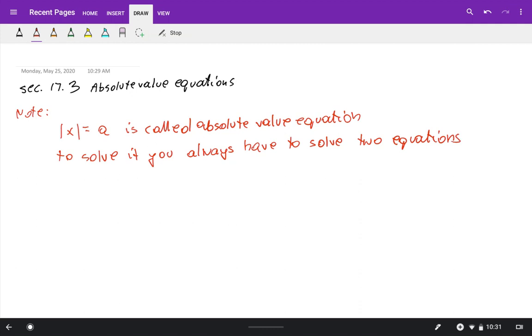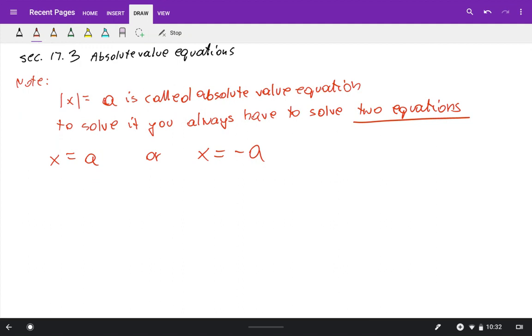Two linear equations, okay? The first one will be x, just remove absolute value, equal to a, or the second equation will be x equal opposite of what you see, which is negative a. So here, the first equation is just the original equation without absolute value.